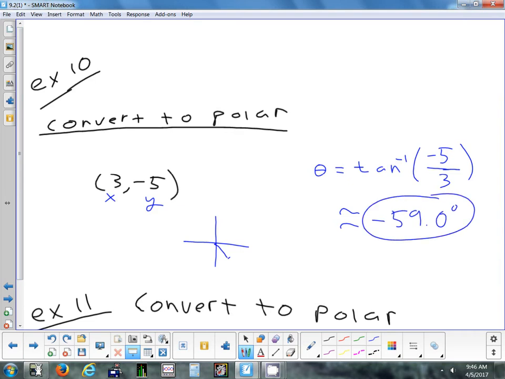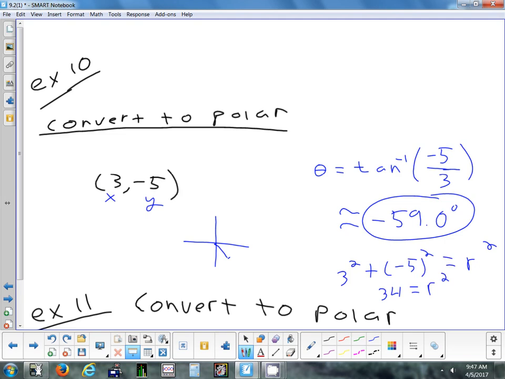And what would be my equation to find r? 3 squared plus negative 5 squared equals r squared. So that's going to give me 9 plus 25, which is 34.